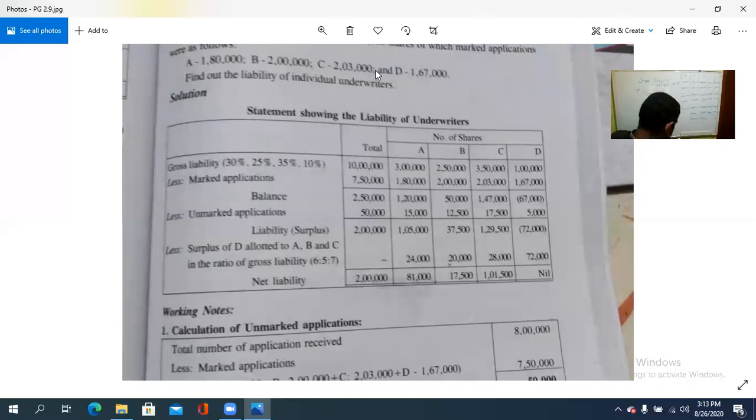And lastly, 1,29,500 minus 28,000 is 1,01,500, so it is 1,04,500. So check it: 1,04,500 plus 81,000 plus 17,500 is the total.